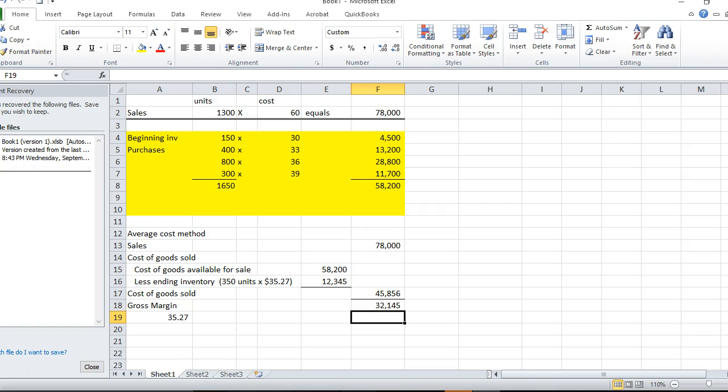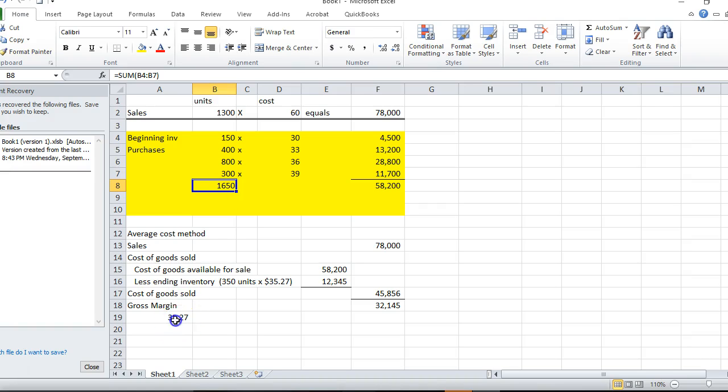So the way we handled this average cost method is we know our sales price is what we get paid for it. We knew everything that we paid for the goods, but the way we determine what is sitting on hand at the end of the period is taking all the costs and averaging them. So we take all of our cost of $58,200 divided by our total number of units of 1,650.